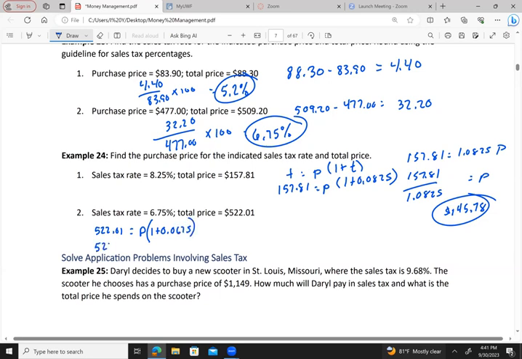So 522.01 equals 1.0675 times my purchase price, which means that 522.01 divided by 1.0675 equals my purchase price. And I get a purchase price of $489.